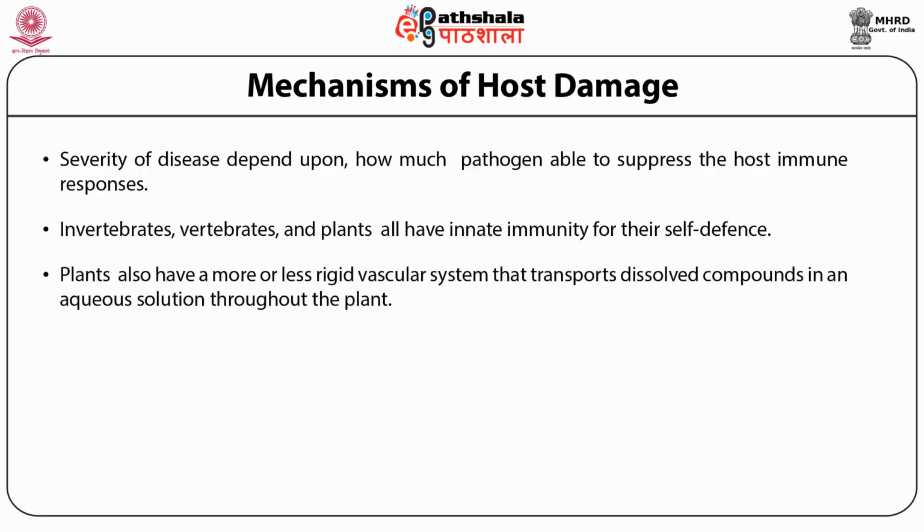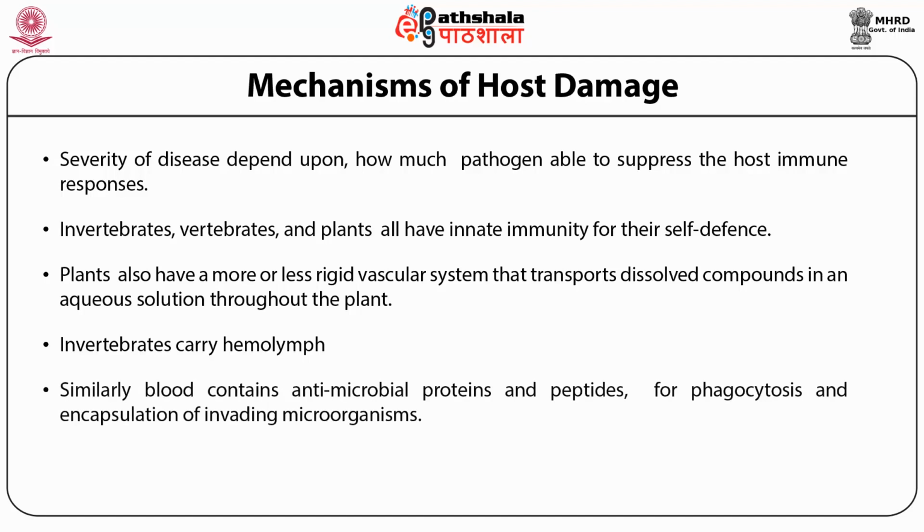Plants also have a more or less rigid vascular system that transports dissolved compounds in an aqueous solution throughout the plant. Similarly, invertebrates carry hemolymph, which can flow freely within the open body cavity, making direct contact with all tissues and organs.